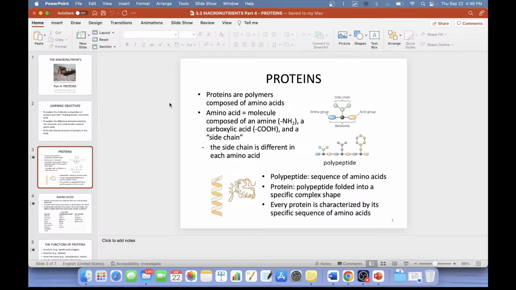So what differentiates the amino acids from each other is the side chain. All the amino acids have the amino group and the carboxylic acid group, and then each of them has its own side chain. And here you have a diagram of an amino acid.